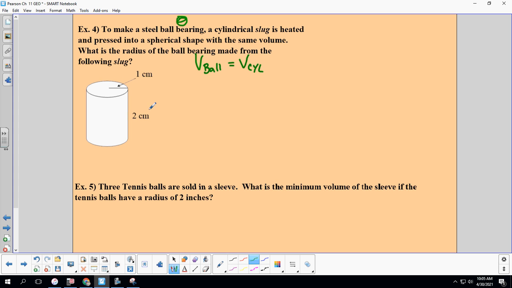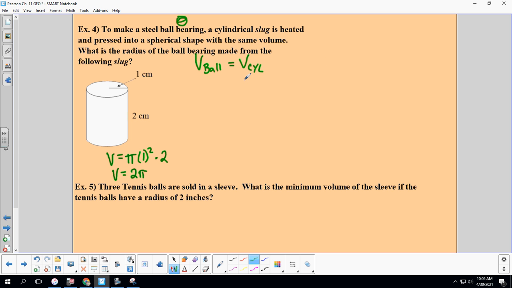So we can find the volume of the cylinder. It is the area of the base times the height. So we got pi times r squared times the height, which is 2. So 1 squared is 1. Essentially, the volume is 2 pi.